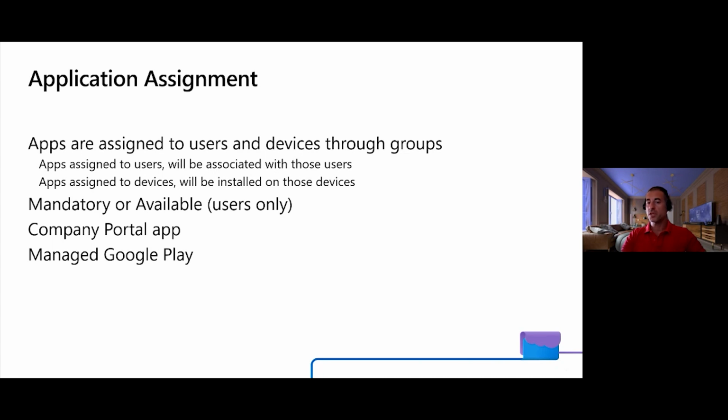Of course, the company portal is used on Windows and Apple devices, while on Android, the end user will be using the managed Google Play, which is Google's enterprise app store, and it's the only source of applications for Android enterprise devices in Intune.